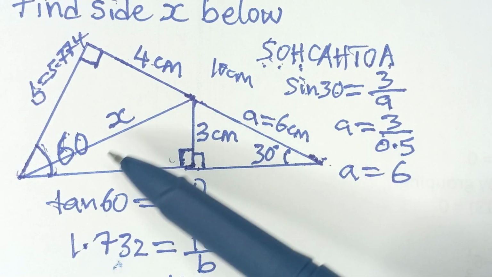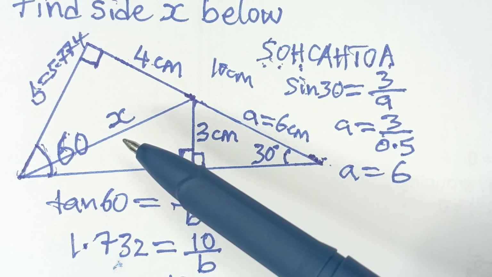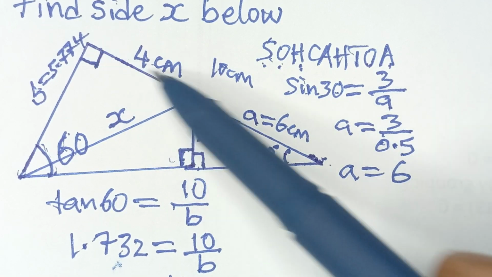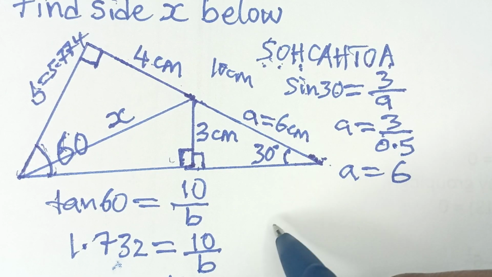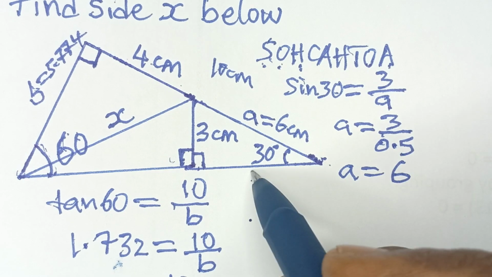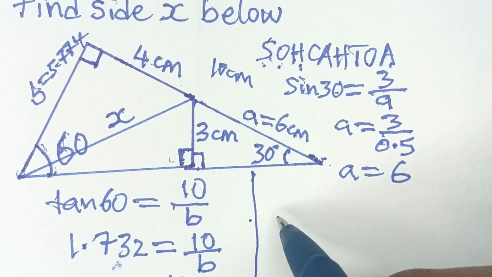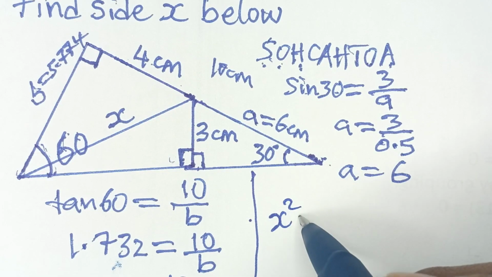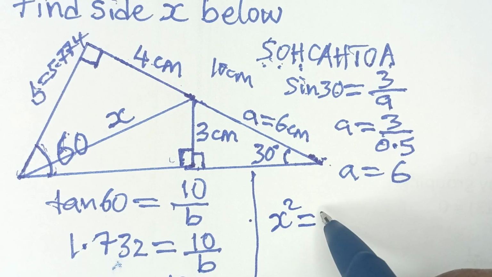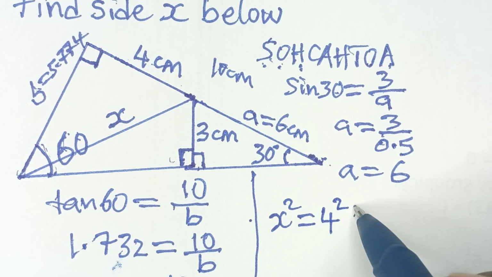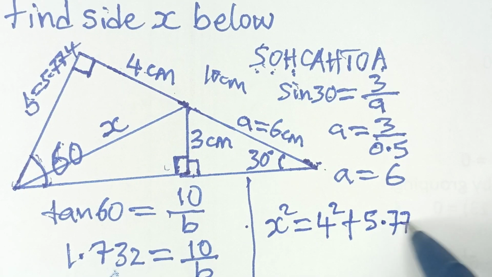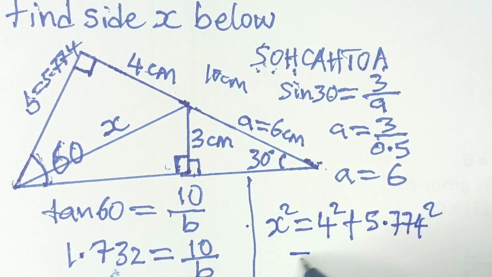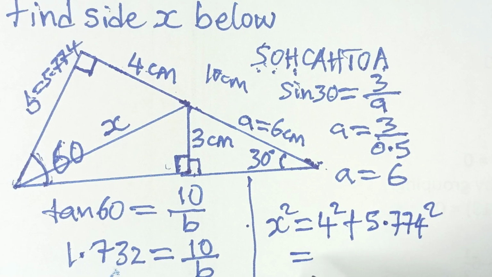The square of the hypotenuse is equal to the square of this side added to the square of this side. So X squared, which is the hypotenuse side, is equal to 4 squared plus 5.774 squared.